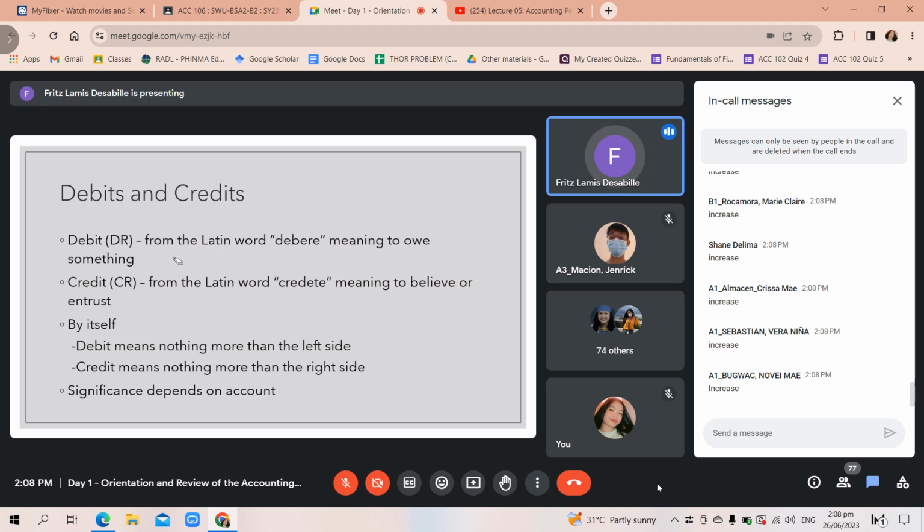By the word itself, contra, it's anti-asset. So a contra asset is part of the asset account, but it has a reducing effect. Examples of contra asset accounts are accumulated depreciation and allowance for doubtful accounts.